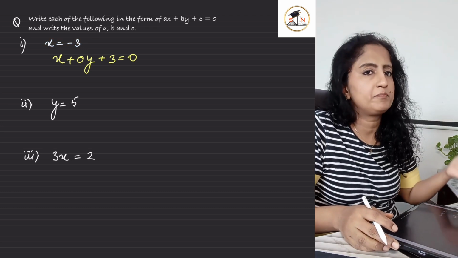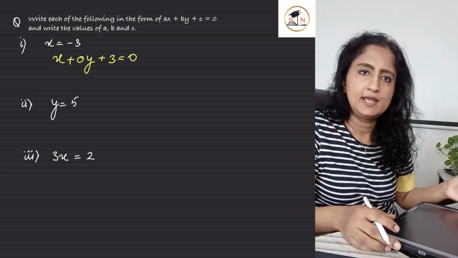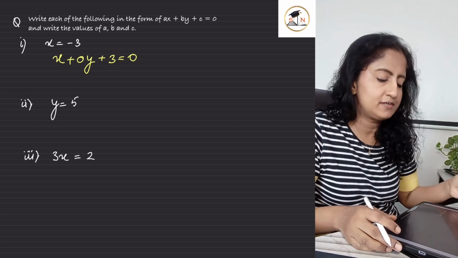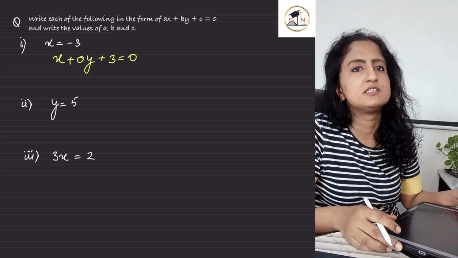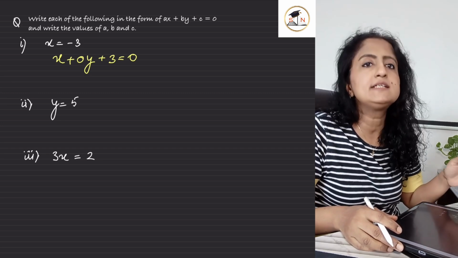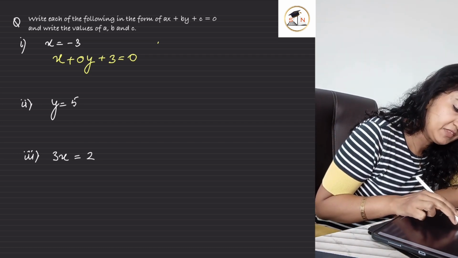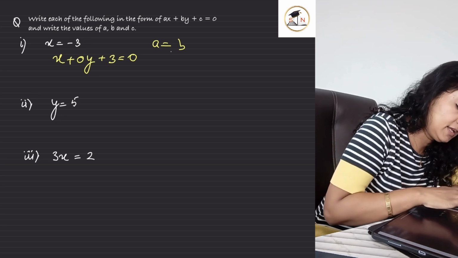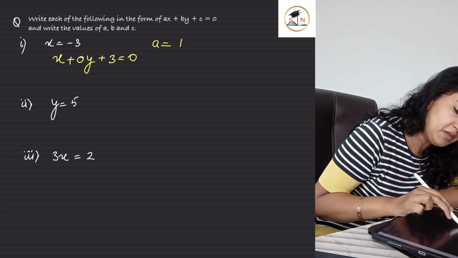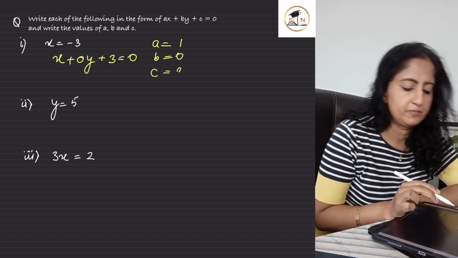The standard form has to have all the three terms, ax, by, and c. So for that reason, we have to write 0y. Okay, you cannot leave y alone, but you have to write 0y. So now what are going to be the values for a, b, c? A is 1, B is 0, and C is 3.